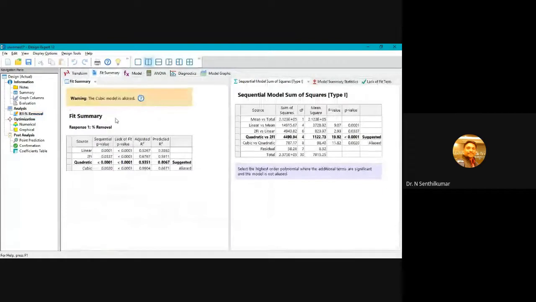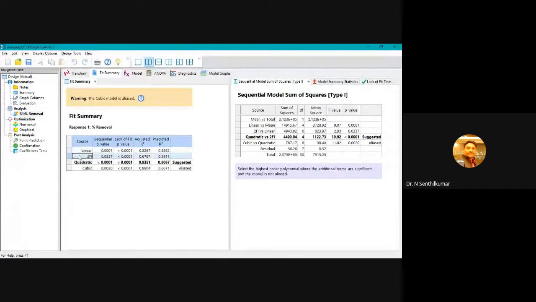Now the system itself will suggest which model is better for you based on the R-square value obtained. If I choose linear, here you can see the adjusted R-square value is 0.52 and the predicted is 0.3.